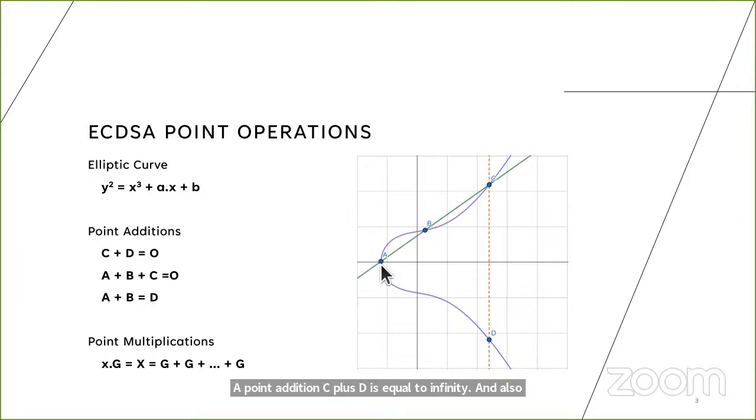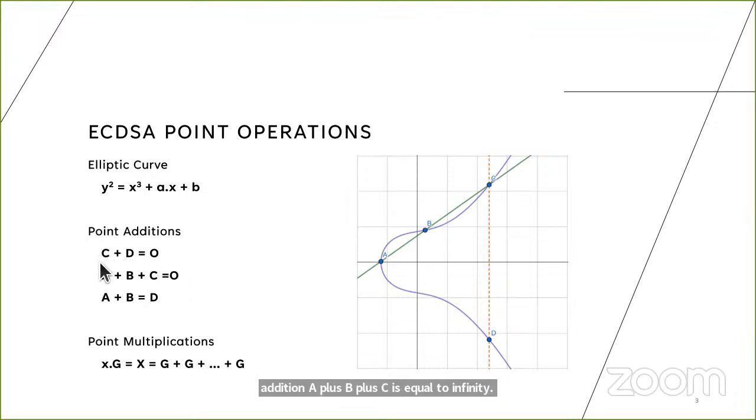If we find a line passing through A and B, and we see that the line is passing through C, and it doesn't meet any other points on the curve, then we define ECDSA point addition: A plus B plus C is equal to infinity.